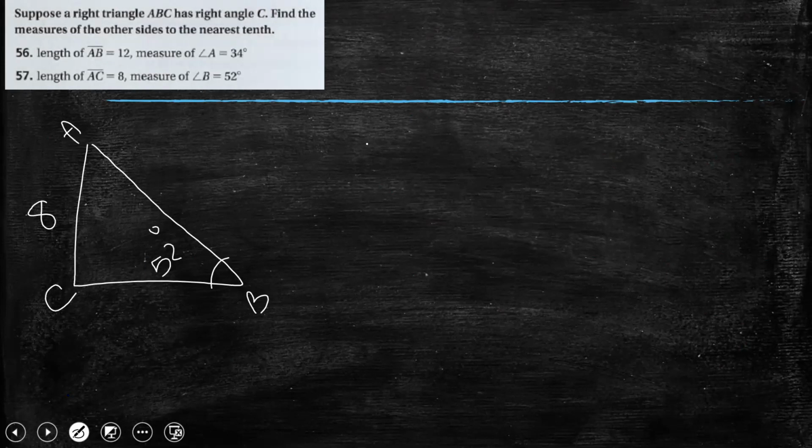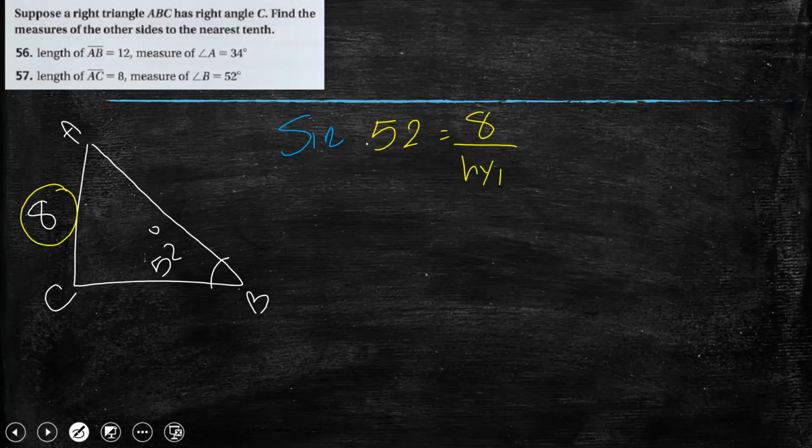Now for angle 52 here, what do I have with respect to this angle? I have the opposite. So the sine of 52 is the opposite over the hypotenuse, which is unknown. So sine of 52 times the hypotenuse will equal 8.